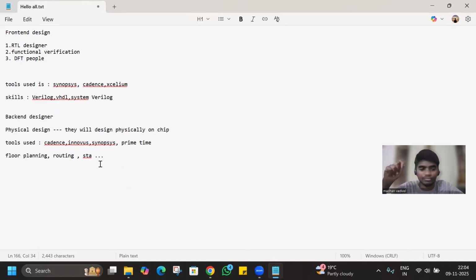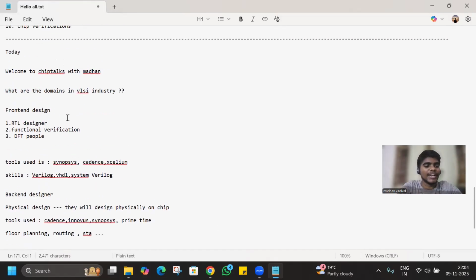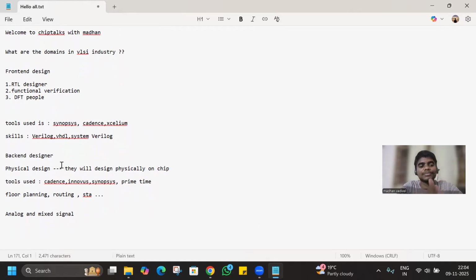Next comes analog and mixed signal. I previously explained front end and back end: they write the logic and give it to the PD people, who design it physically on the chip, and then fabrication starts.